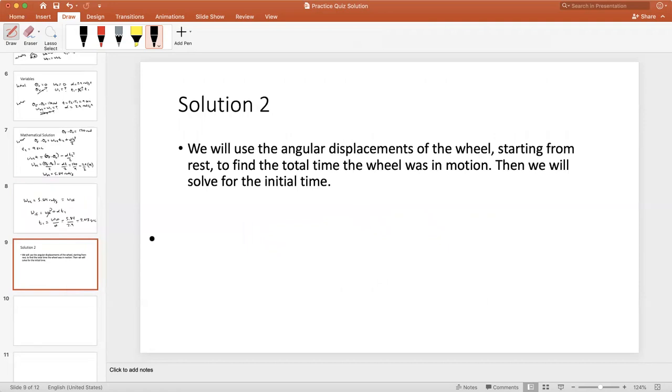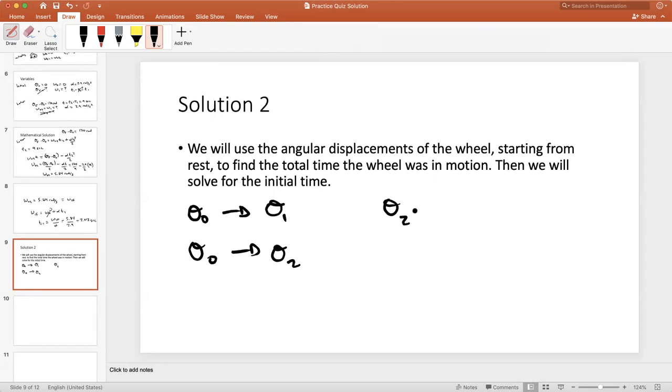As I said, either one of these solutions is fine. Our strategy for solution number 2 is to find the time it takes from the initial angle until it reaches the angle where we first started to measure our displacement. And then also find the time it takes from the beginning, when it started at rest, to the final angle that it made after our angular displacement.